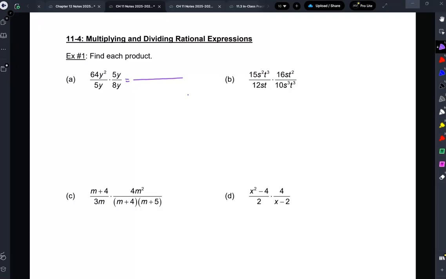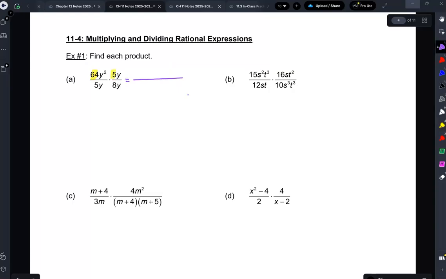The way I do that is I will draw the fraction. Now I want to look at the denominator and the numerator separately. So let's look at the numerator. You can see that I have some coefficients and also variables. So here my coefficients are the 64 and the 5.